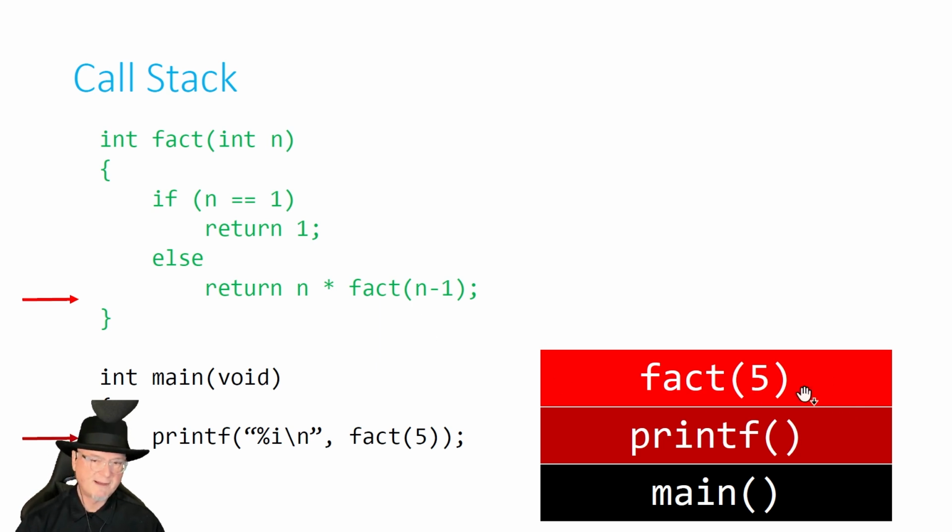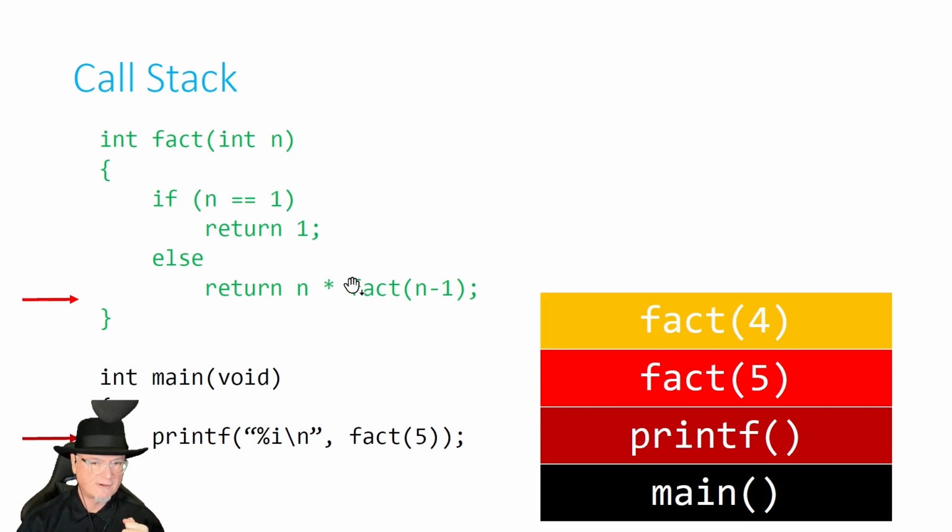We've got an open frame for fact 5, but here we're calling factorial that takes n minus 1. And it's n times factorial n minus 1 that it calls. So here we have a call to fact with a 4. So we have to add an open frame for that second call of fact here.